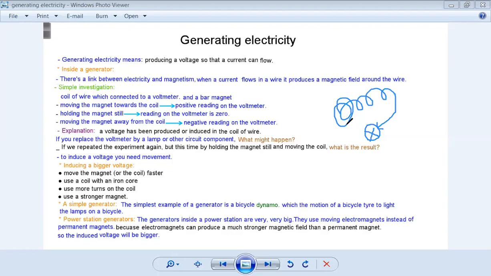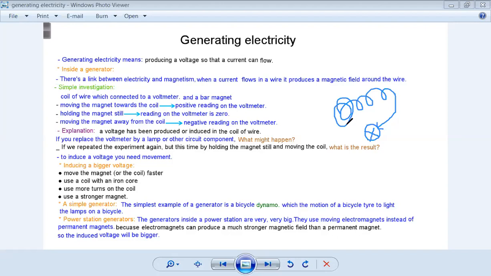What about the power station generators? How do they work and what are they using exactly to generate all this powerful electricity? Inside the power station, the generators are very, very big, not the small ones that we are using in our houses, not even the ones for big buildings.